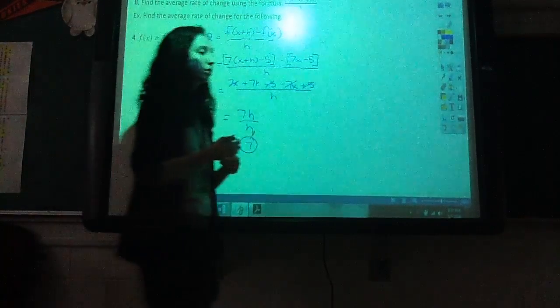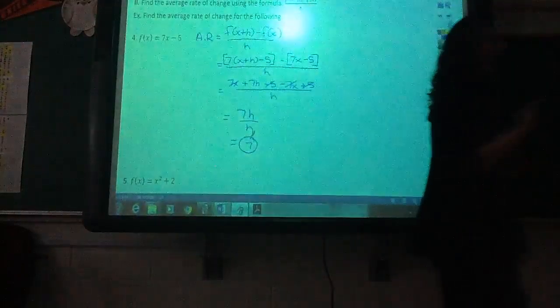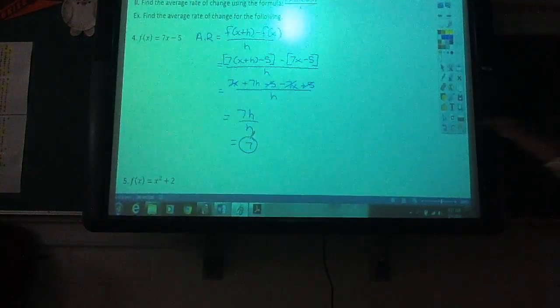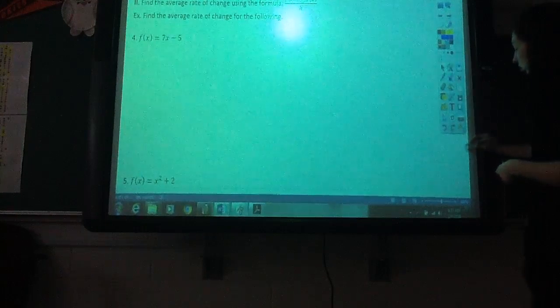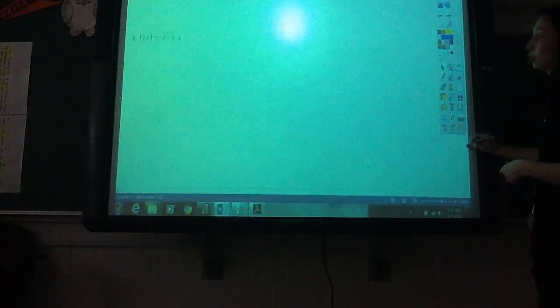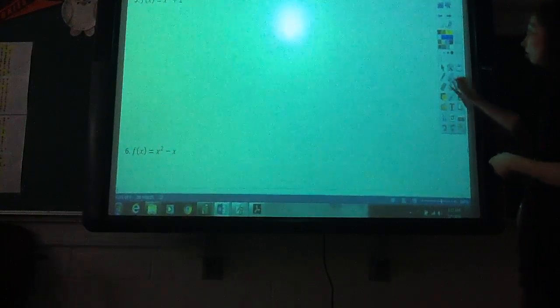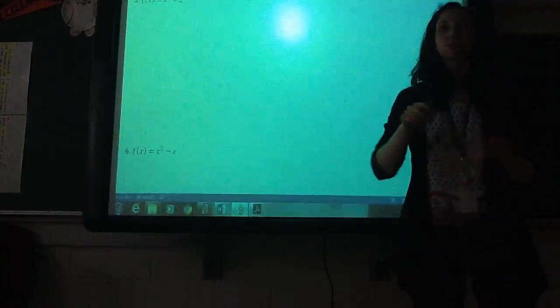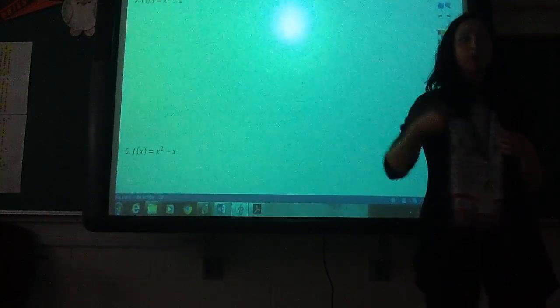Alright, so try the next one. What do you do when you replace the x? You're adding an h to it, which means in this case, what are you going to have to do? Square them, which is in turn FOILing.